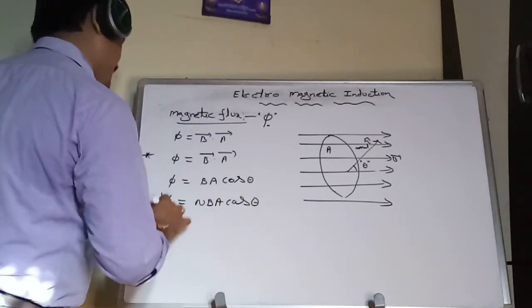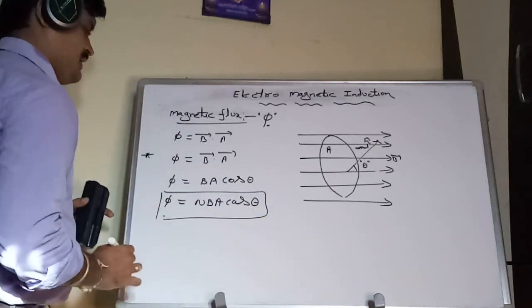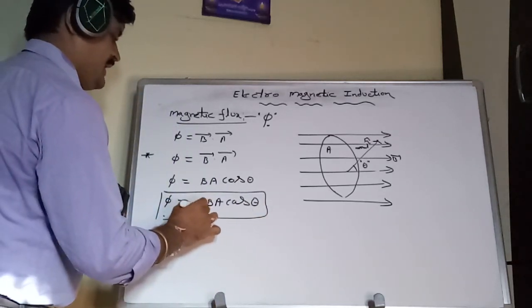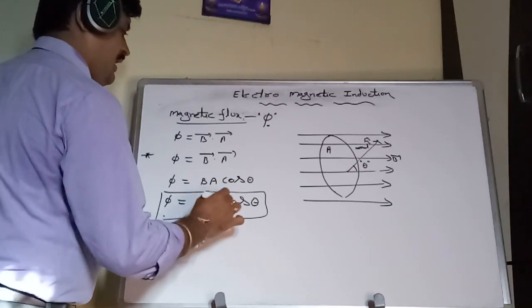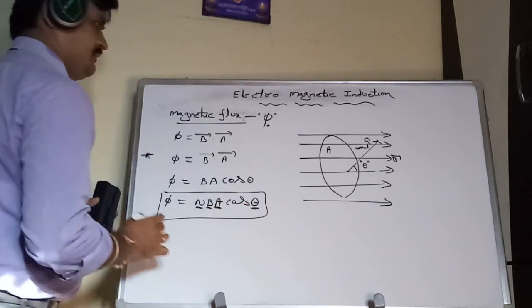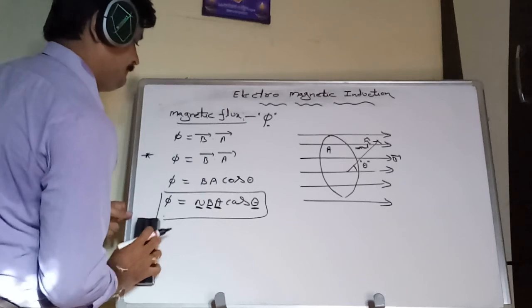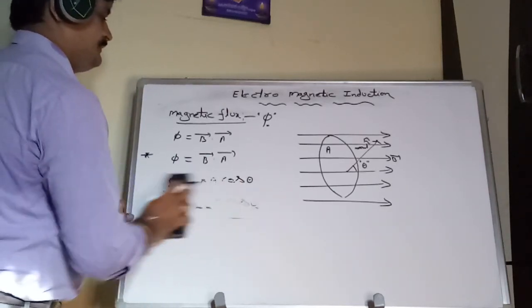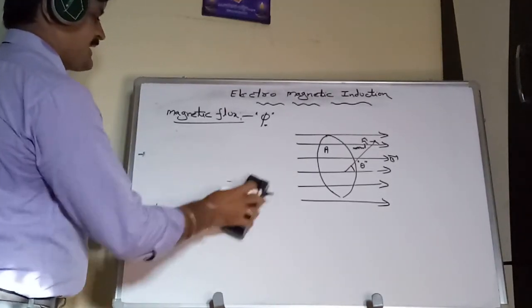Here N is the number of windings, B is the magnetic field, A is the area, and theta is the angle. Phi is a scalar quantity.